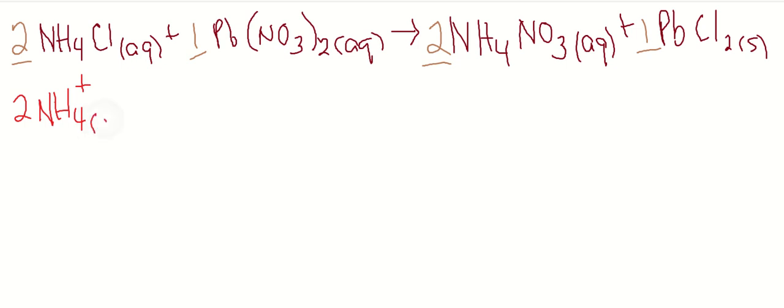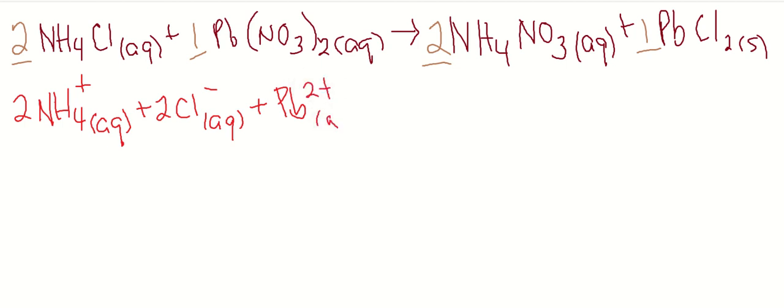That's AQ, plus 2 chloride anions as well, AQ. For every 2 ammonium and 2 chlorides, we're going to have 1 lead with a 2 positive charge. That's also in solution. And then we have 2 nitrates.